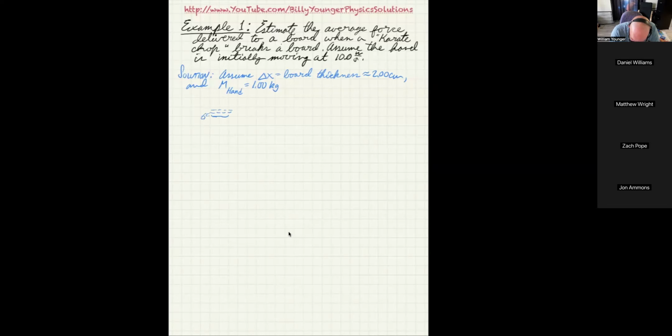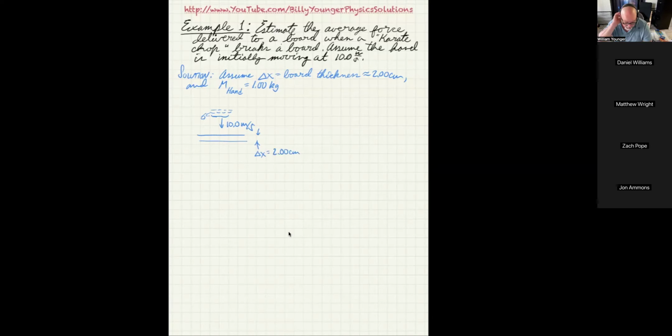So, there's a hand coming downward with a velocity of 10.0 meters per second. It's going to strike a board whose thickness, delta x, is equal to 2.00 centimeters.